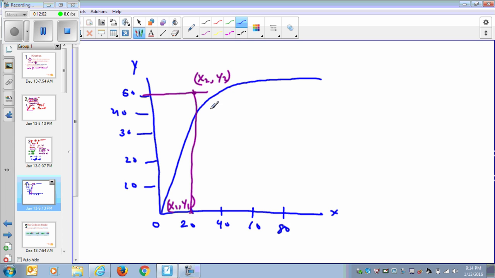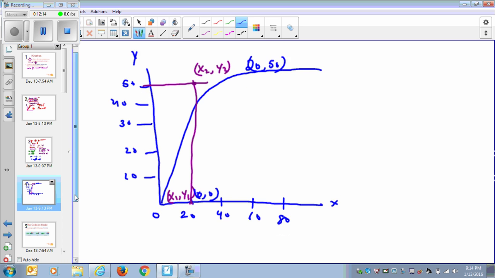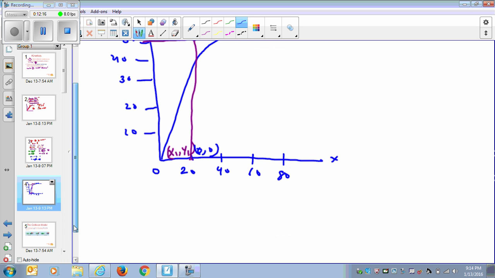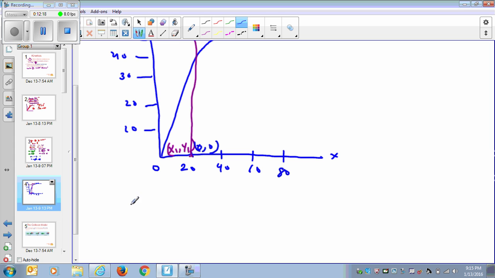The values for my x-axis is 20 and 50, and here it is 0 and 0. So now let's plug these numbers into the same formula that we were doing before. To calculate the initial rate, I will do delta y over delta x, okay?